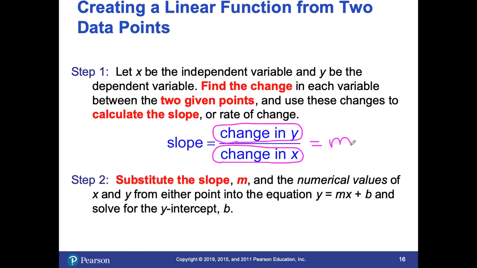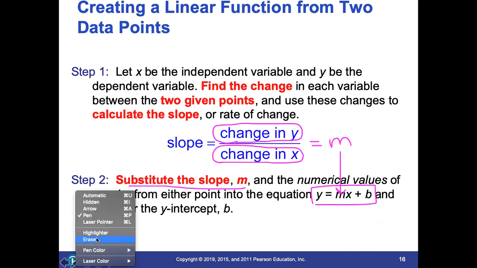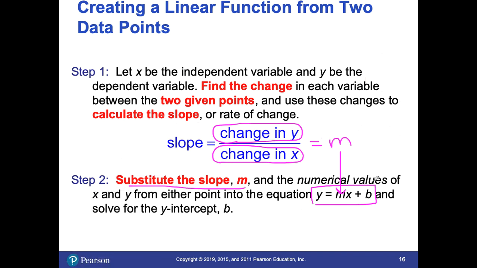Once you find that, substitute the slope you got from step 1 into this equation right here. Not only that, you also want to plug in whatever points they gave you as values for y and x.